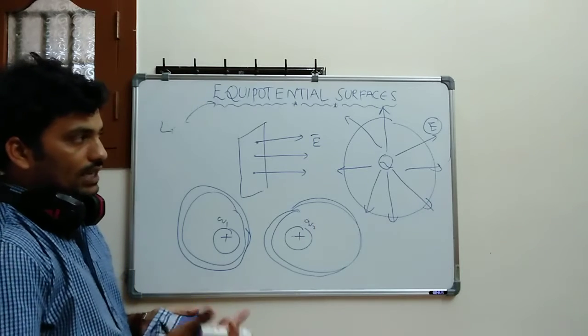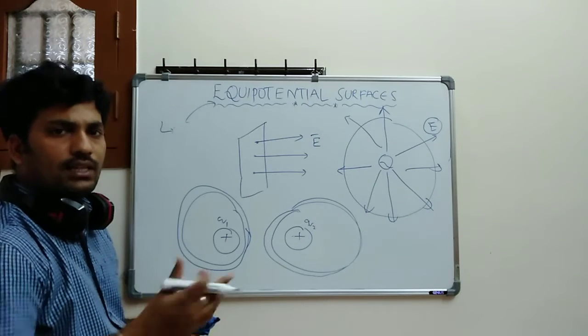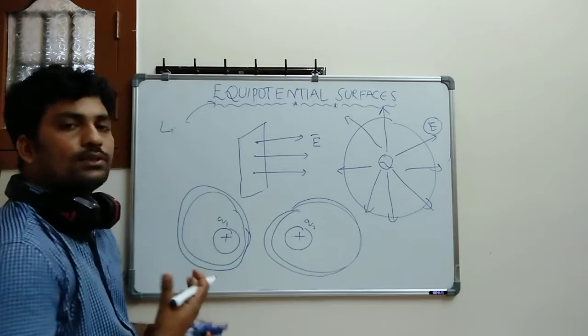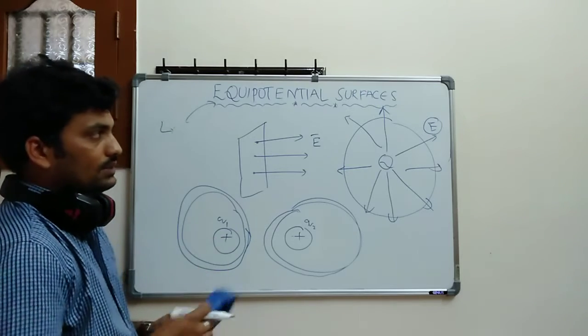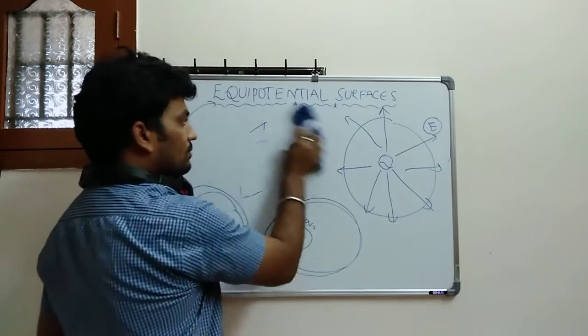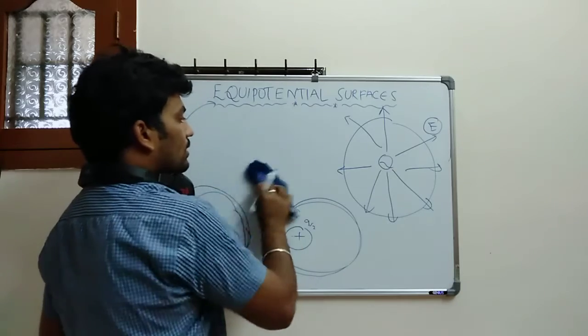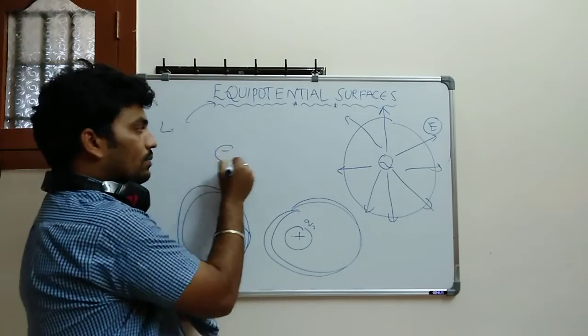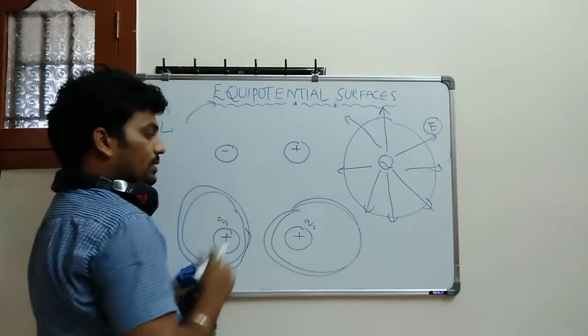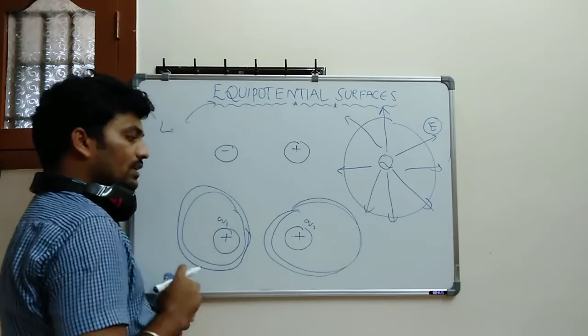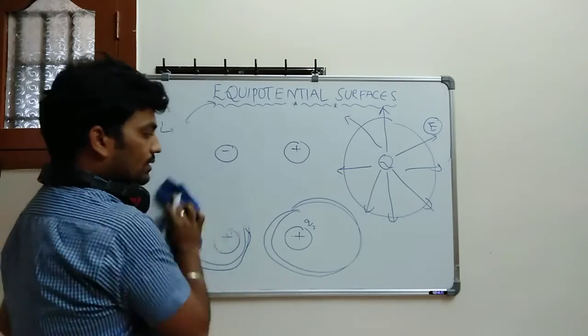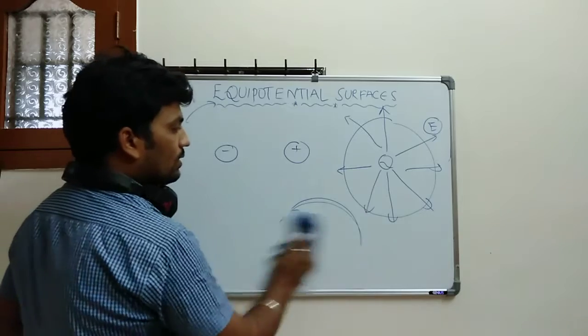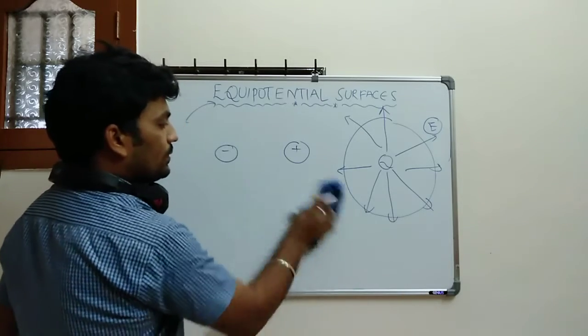But if I take a dipole, in the sense, if I take two different charges, then what happens? Let's take this is a dipole, negative and positive. What happens here? These two are opposite in nature.